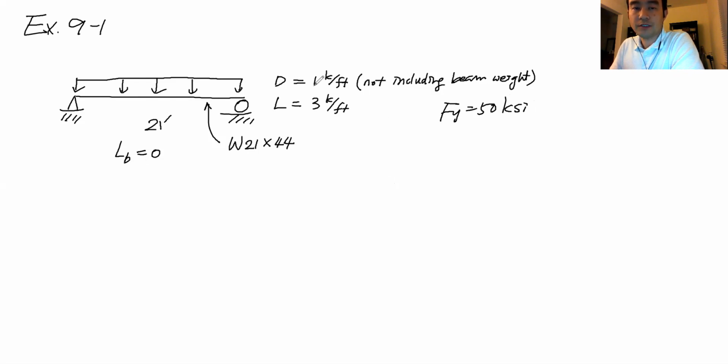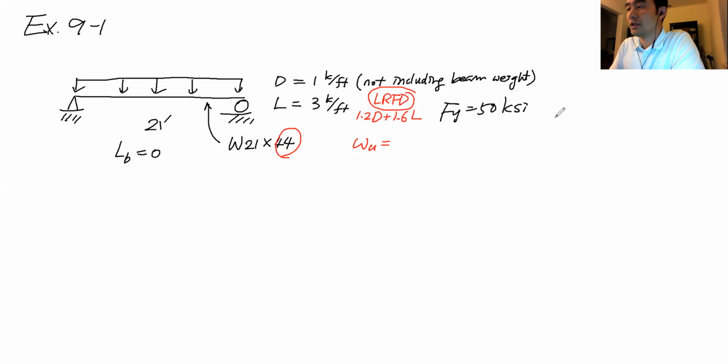Since this dead load, the 1 kip per foot, doesn't include the beam weight, I'm gonna include the beam weight, which is 44 pounds per foot. So the intensity of this uniformly distributed load, including both dead load and live load, is now equal to 1.2 times D plus 1.6 times L. This is, by the way, for the LRFD method. I'm going to solve the problem using the LRFD method and the ASD method.